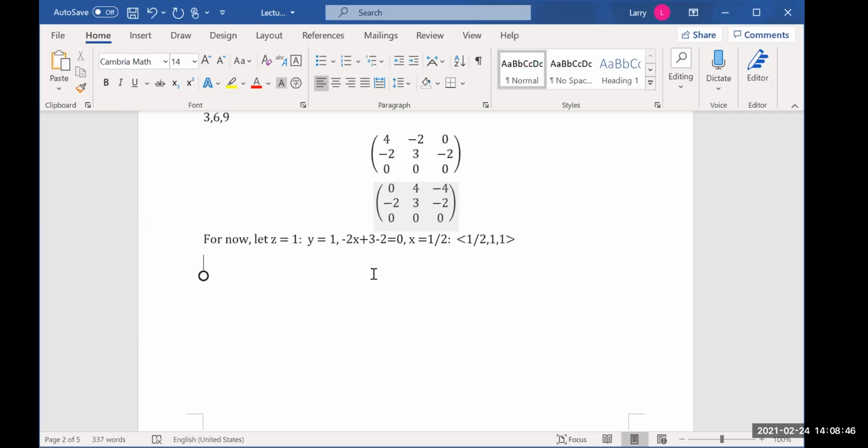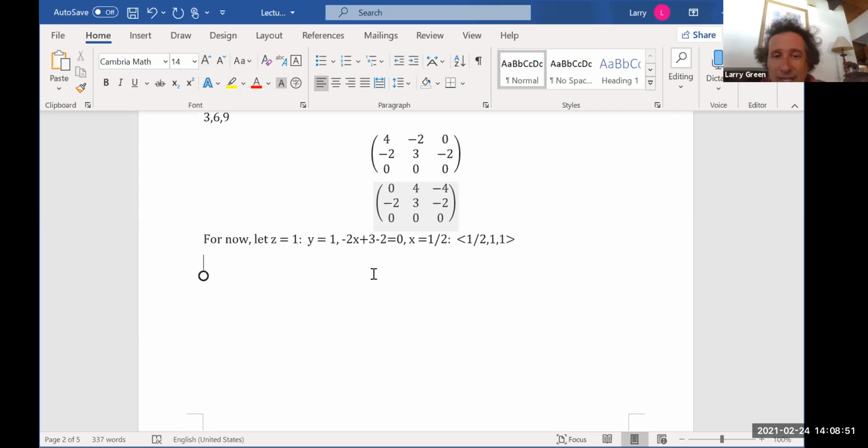Now the magnitude of this is the square root of 1 plus 1 plus a fourth, which is 9/4. The square root of 9/4 is 3/2. So I actually need to multiply by 2/3 because I divide by 3/2.